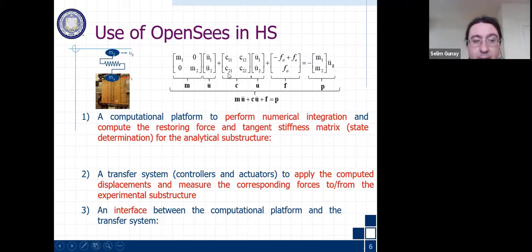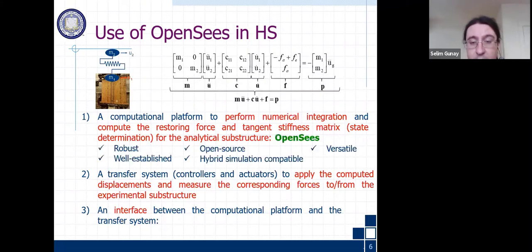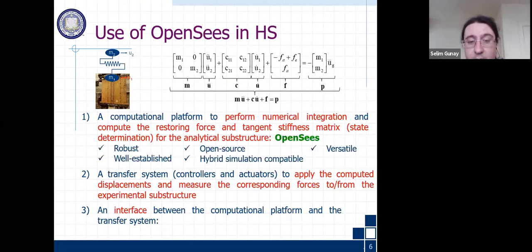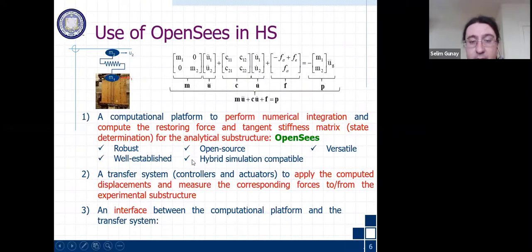So if we go back to the first one, as a computational platform candidate, OpenSees is actually a great candidate to be used in hybrid simulation. I'm saying this not because I'm presenting in the OpenSees support group, but because of these reasons, particularly because of OpenSees being a hybrid simulation compatible platform.